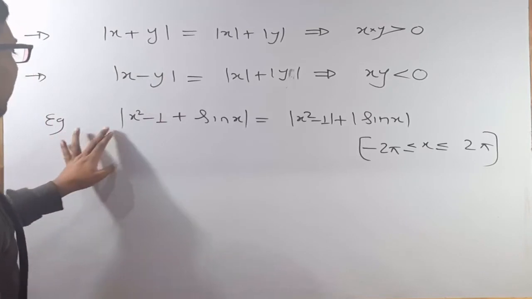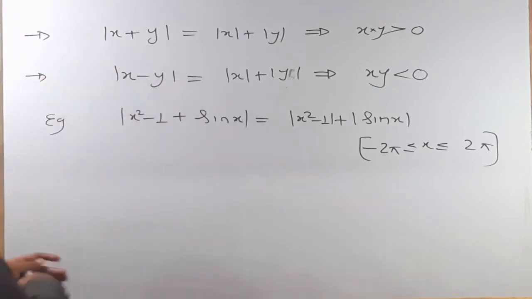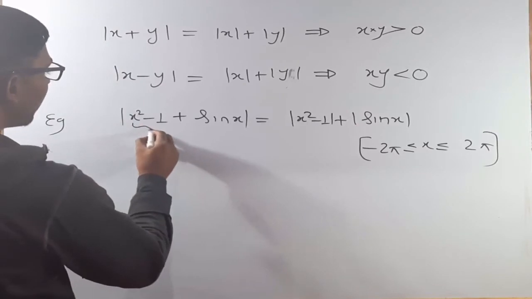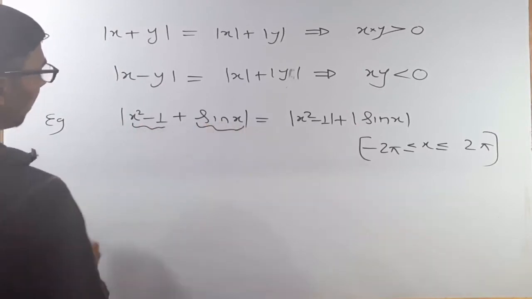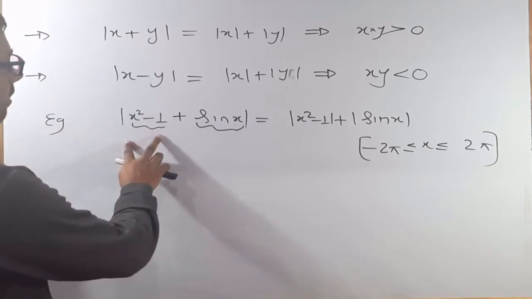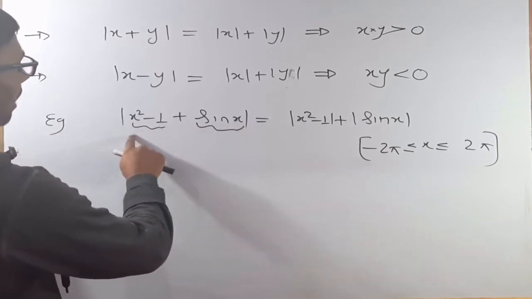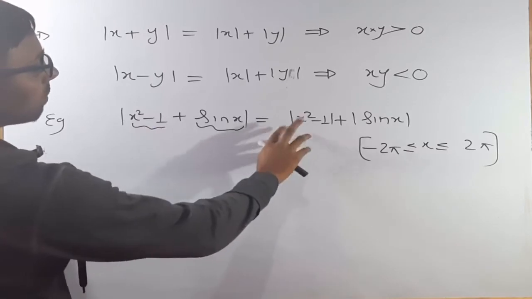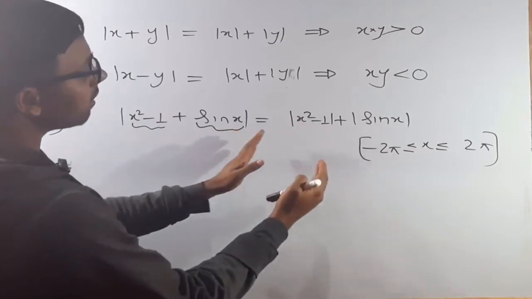What we will do is solve the example based on this property. So I'm going to take one term as x, this as y. These are the two functions I'm going to take, and we need to expand this. This is given as x square minus 1 plus sin x and the modulus of x, written in separated form.